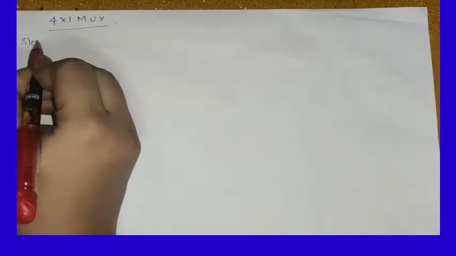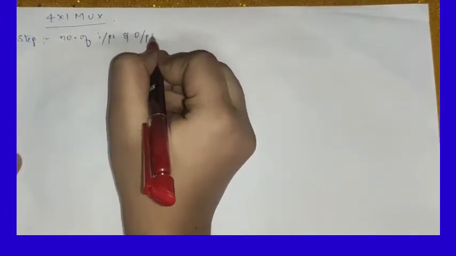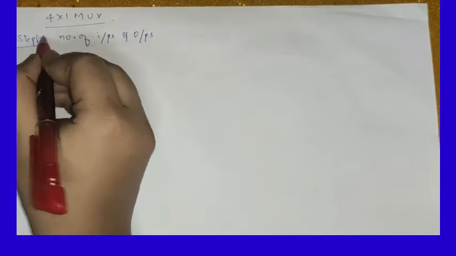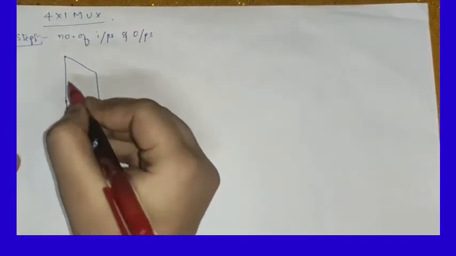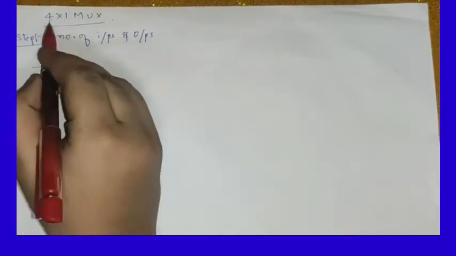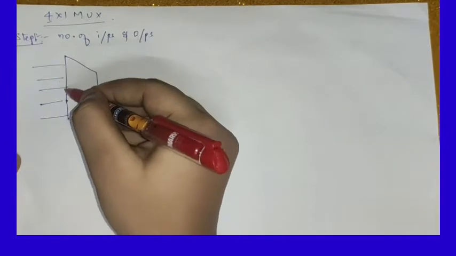Step 1 is finding the number of inputs and outputs. Draw the block diagram. Here it is 2 power 2, that is 4, so 4 inputs: 1, 2, 3, 4.